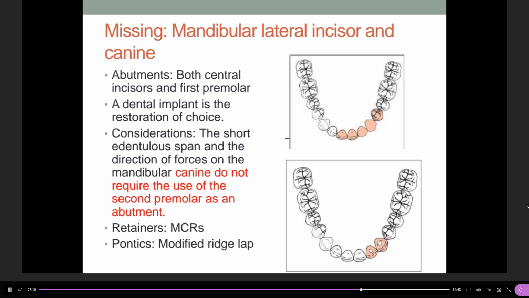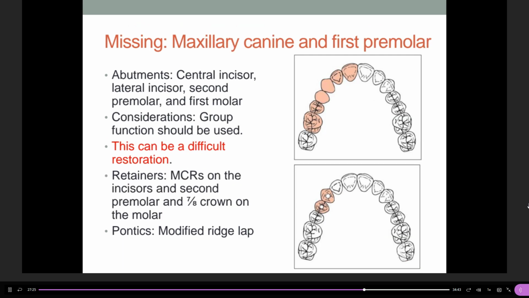Mandibular lateral and canine missing. Here also it is complex. You will have to take support from two anteriors and one premolar. So it will be a 5-unit prosthesis. Maxillary canine and first premolar missing. Also a very complex prosthesis. You will need two posterior abutments and two anterior abutments.